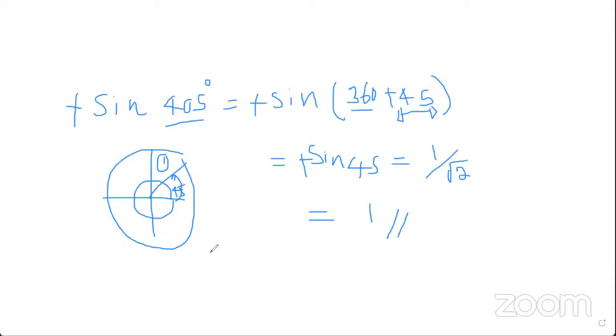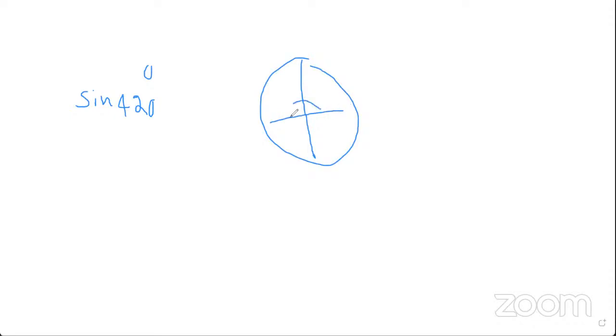We'll take another example. What will happen for 420? Sine 420. You think about where it is located. 420 means it will complete one circle, and after that you have another 60.